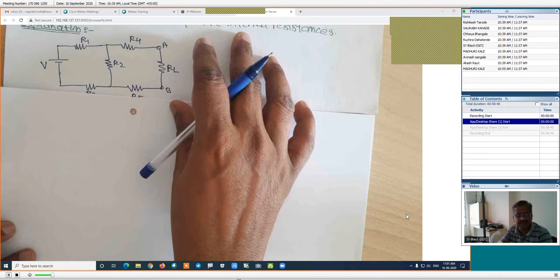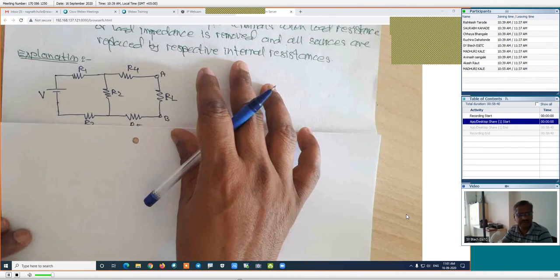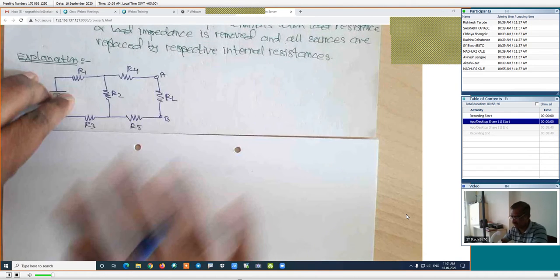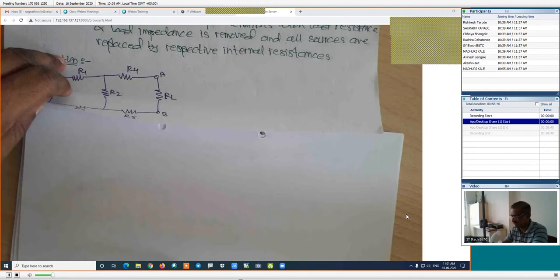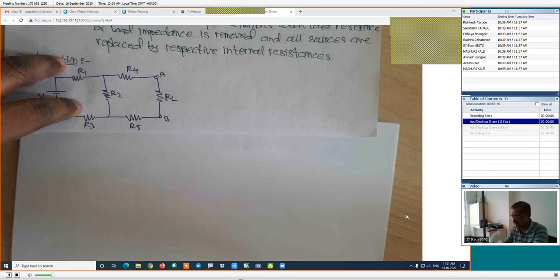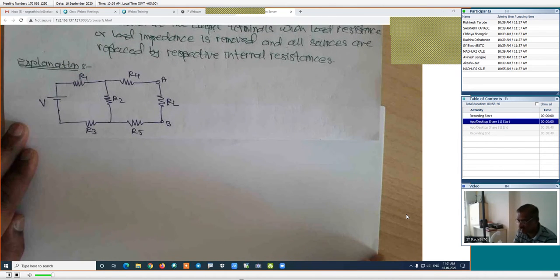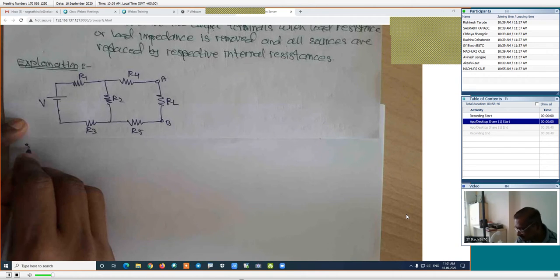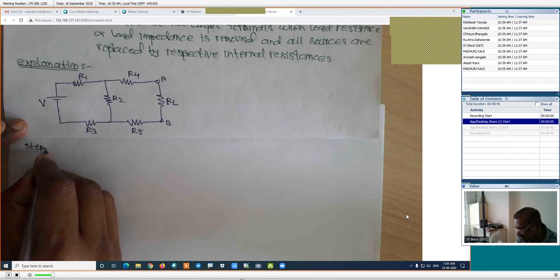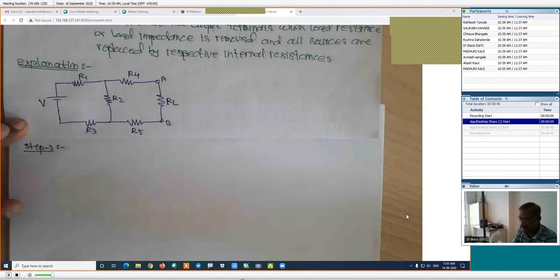This is the original circuit in which we are trying to understand the explanation part. Now I will discuss step number 3. What is step 3?